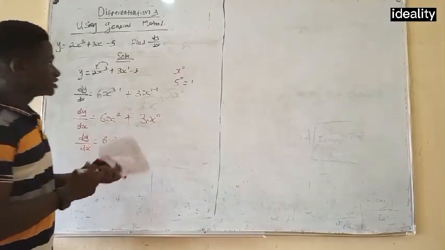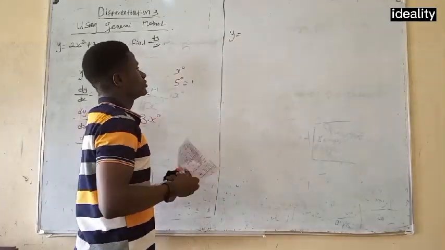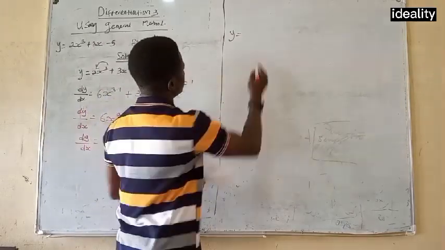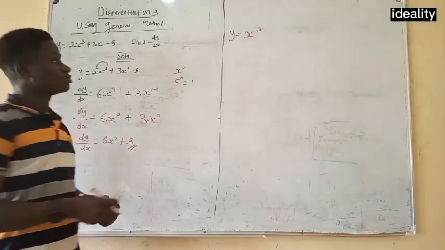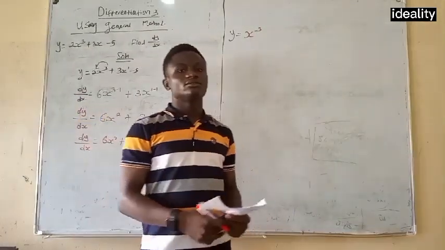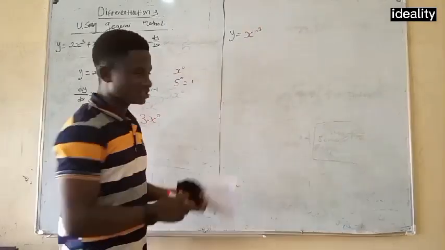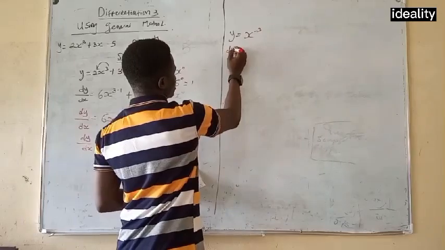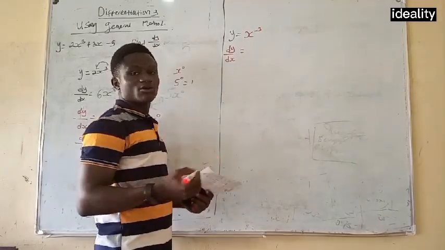Let's have another illustration. Imagine we have y equals x raised to the power minus 3. In this situation, what do we have to do? We still follow the same process. We say dy over dx is equal to, what is the power of x?